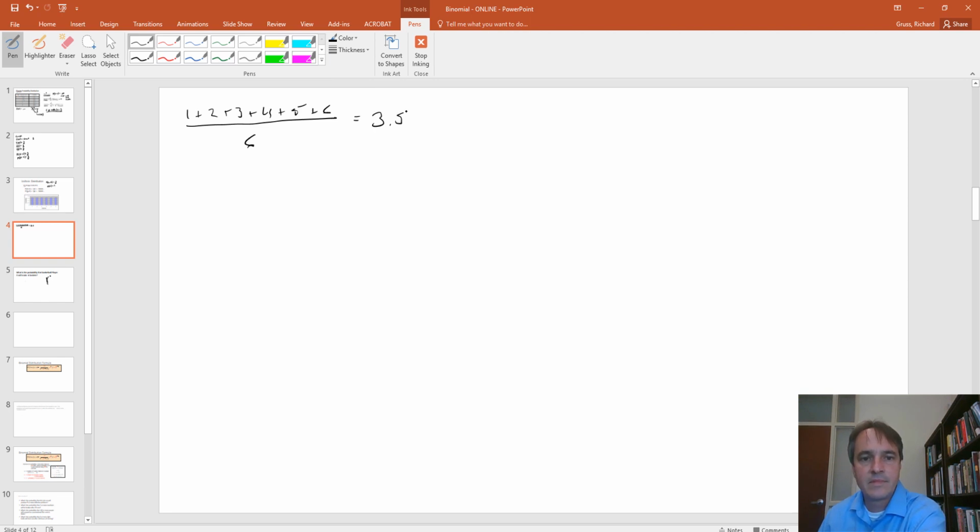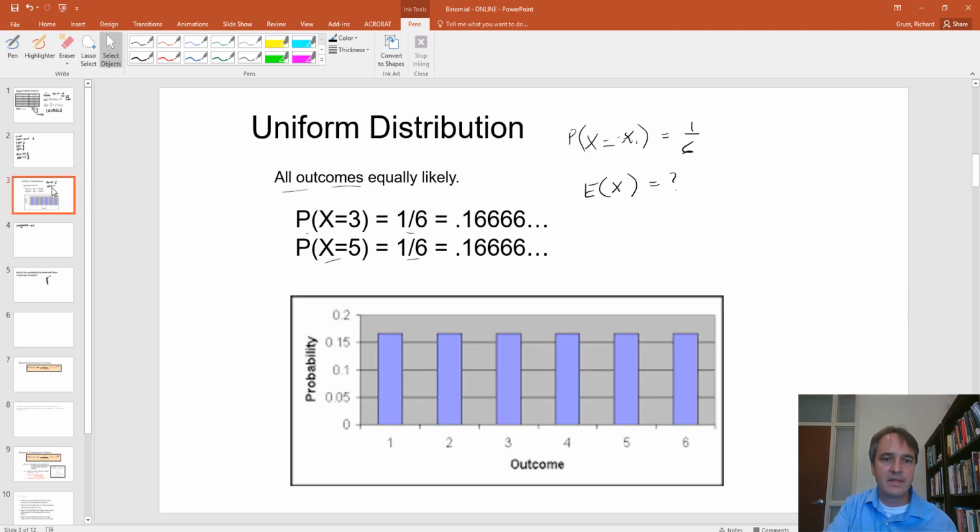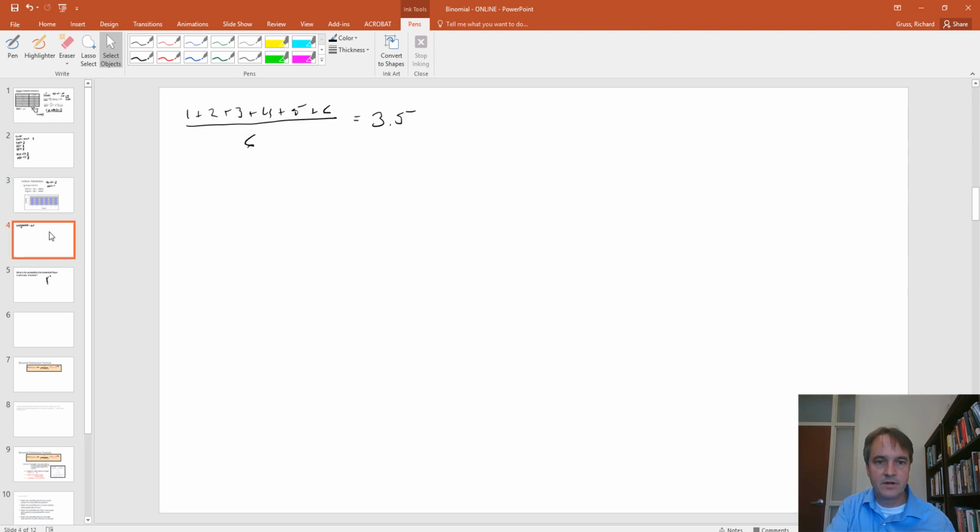So we could go over all of the possible outcomes and add them up, and that would give us our average, our expected value. But there's actually a shortcut. It turns out that you can get the expected value of a uniform distribution.